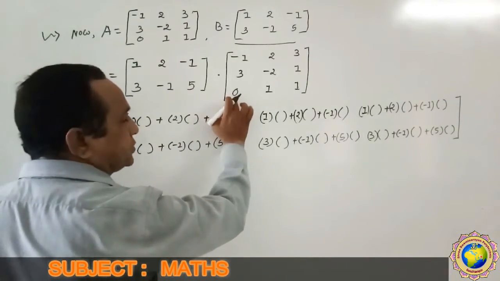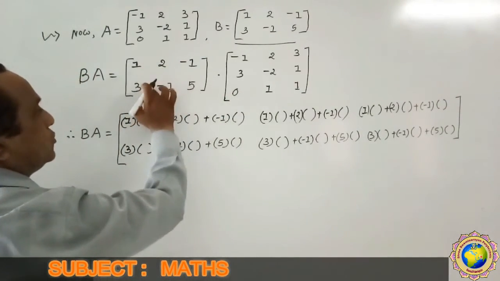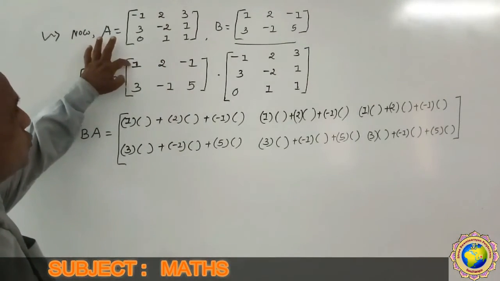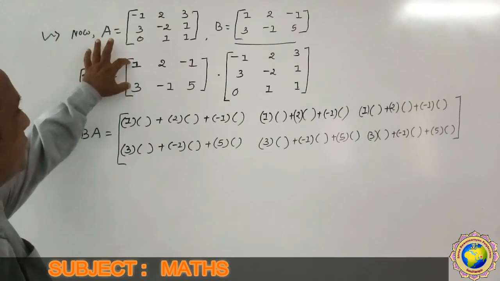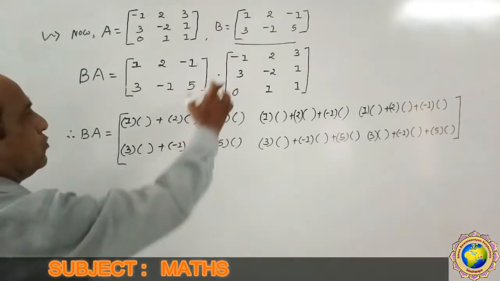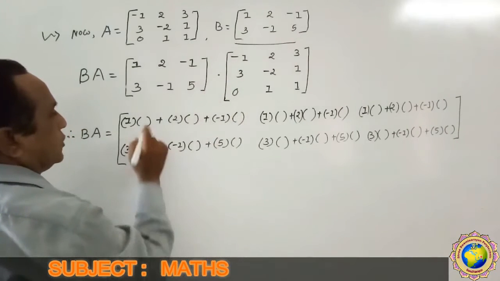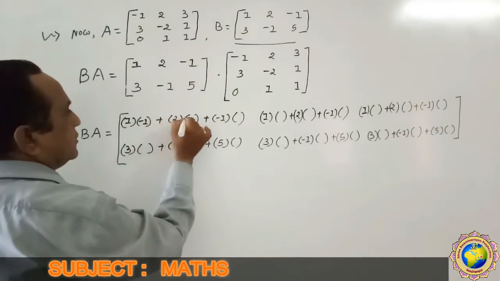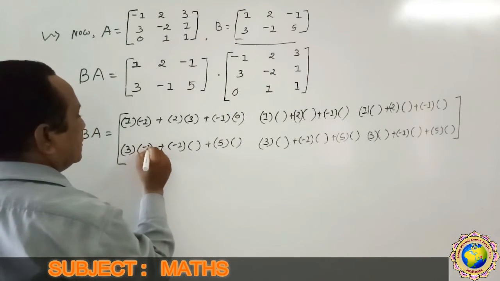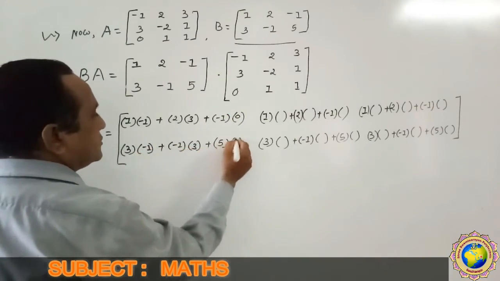Now the second matrix: write down the first row 2 times here, 2 times because there are 2 rows. So 1, 3, 0 written down 2 times here: 1, 3 and 0, minus 1, 3 and 0.